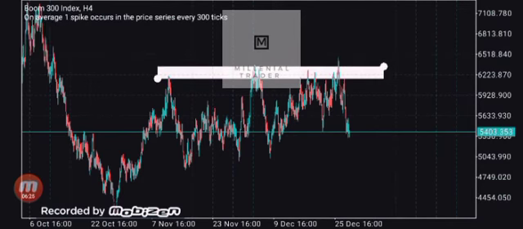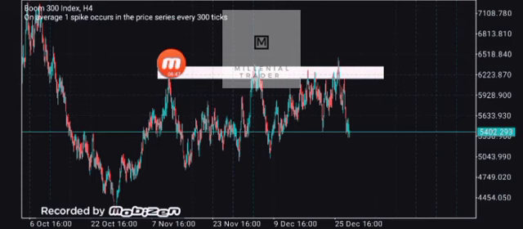that sellers should be looking at. This is a resistance. Why is it a resistance? Simple. You can see what price did each time it came into this zone that I have highlighted.